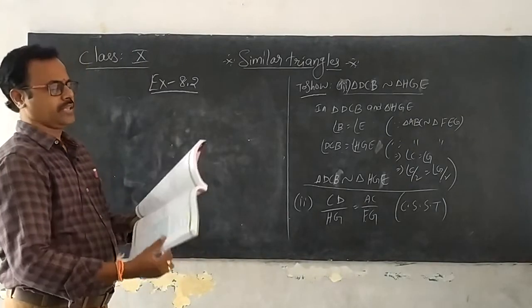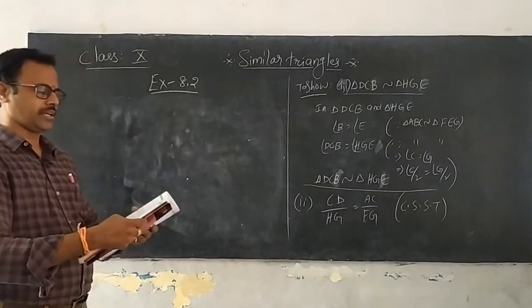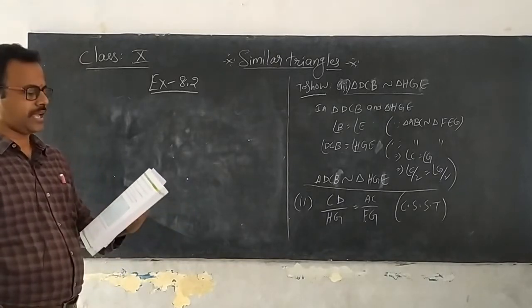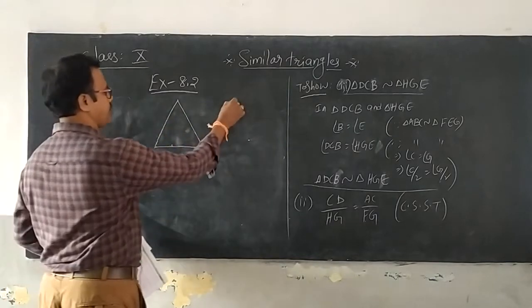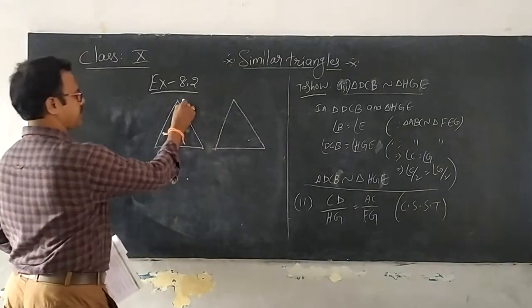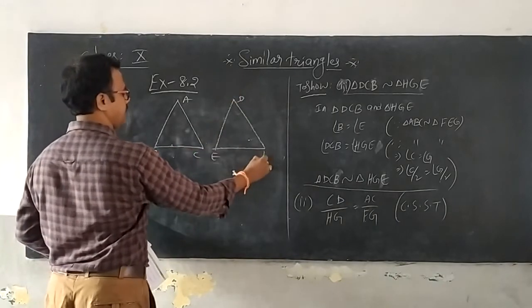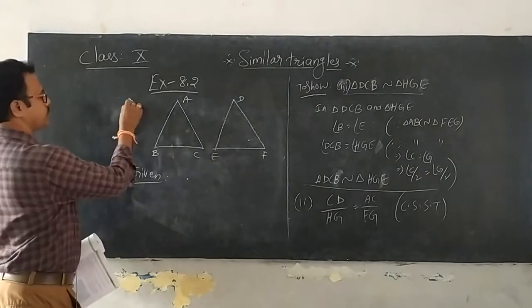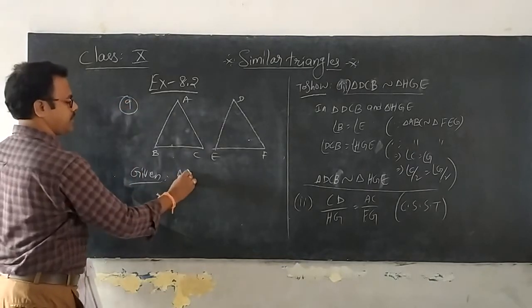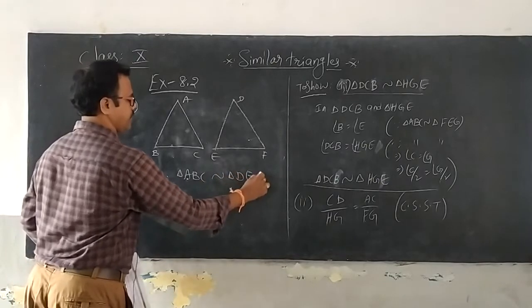See there, AX and DY are altitudes of two similar triangles, triangle ABC and triangle DEF. ABC and DEF are said to be similar triangles. So what is given to us? Triangle ABC similar to triangle DEF.